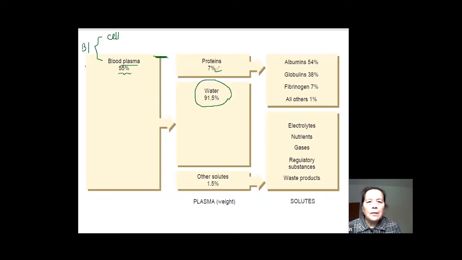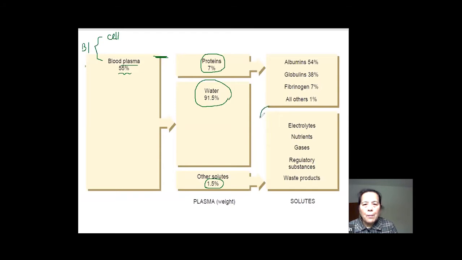The second big part is the protein. You don't need to remember the numbers here, but you can compare how different they are. And we still have some other things, just a tiny part, 1.5%. What's in there?